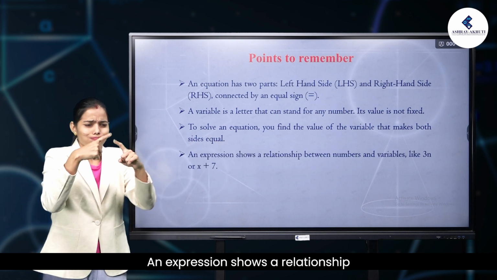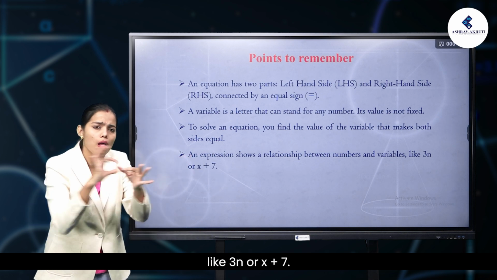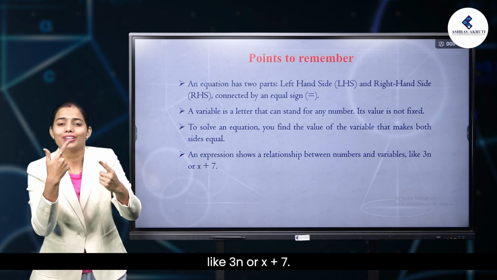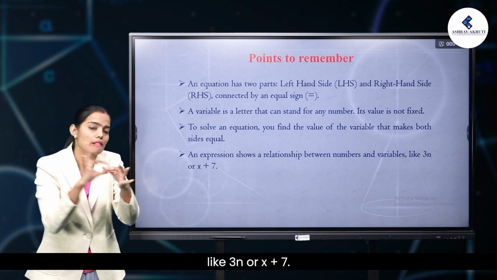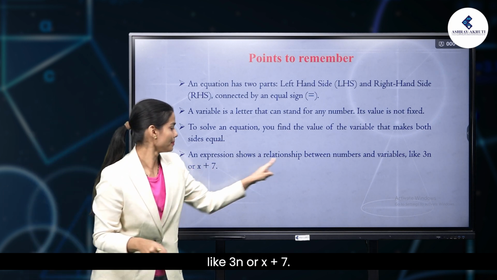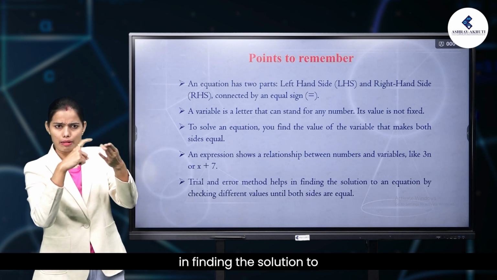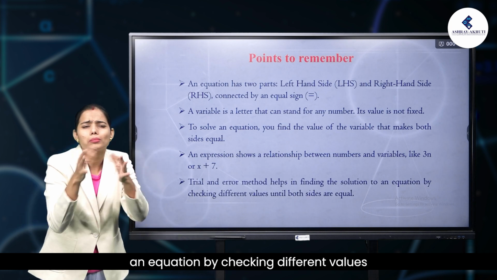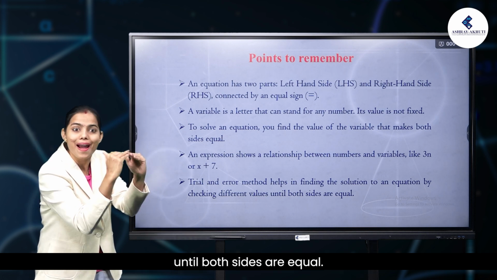An expression shows a relationship between numbers and variables, like 3n or x plus 7. The trial and error method helps in finding the solution to an equation by checking different values until both sides are equal.